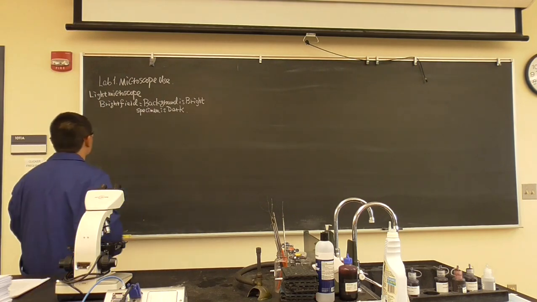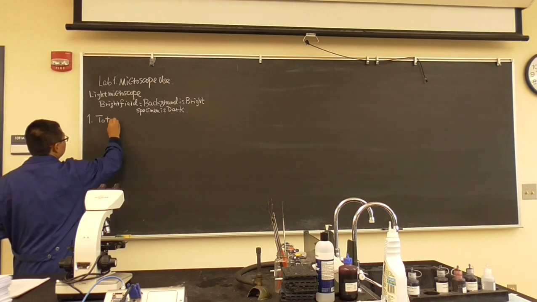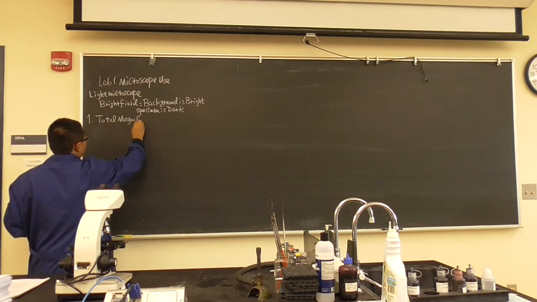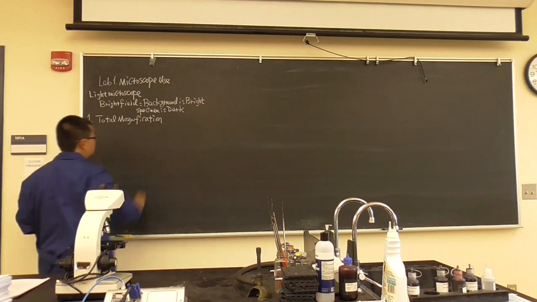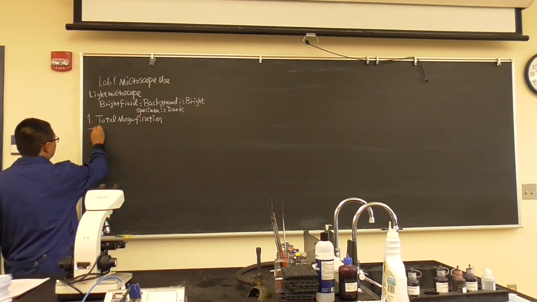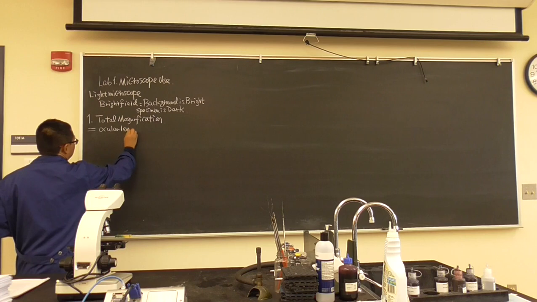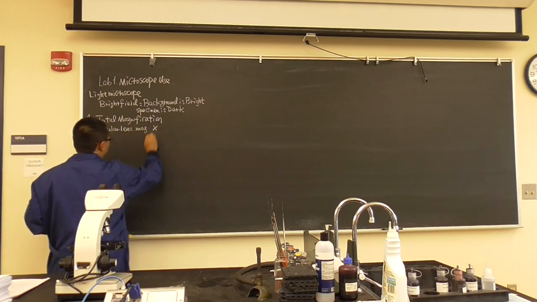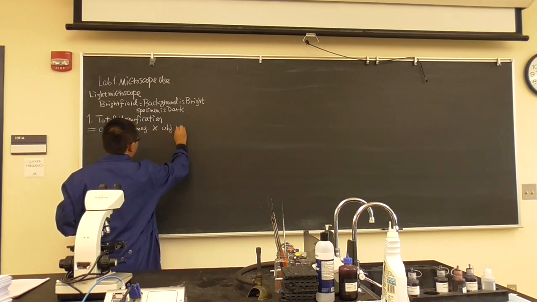Therefore, we come out with our first concept, total magnification. So what is total magnification? It equals the ocular lens magnification multiplied by the objective lens magnification.